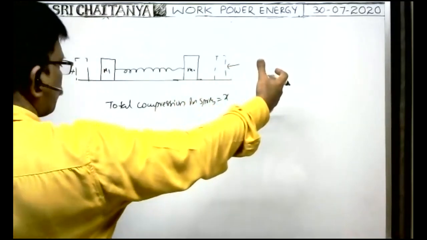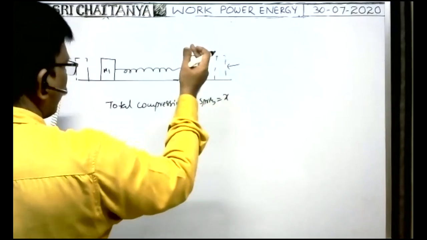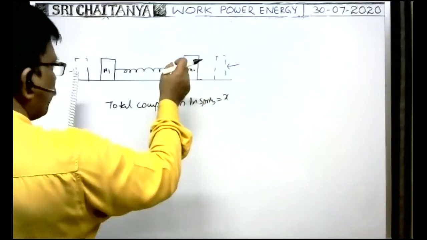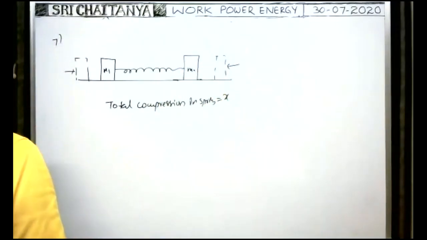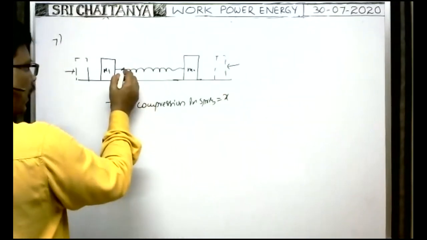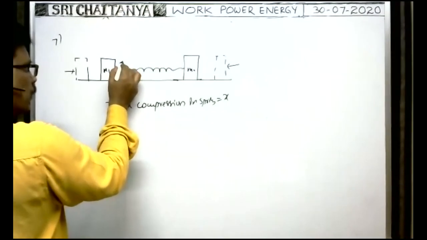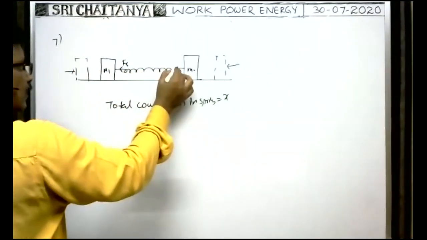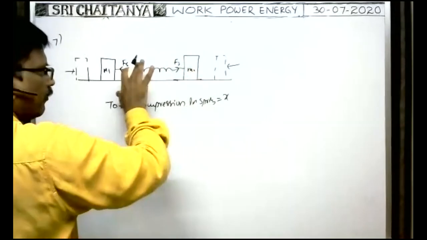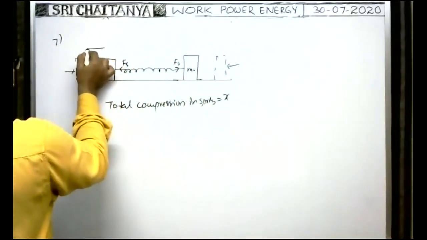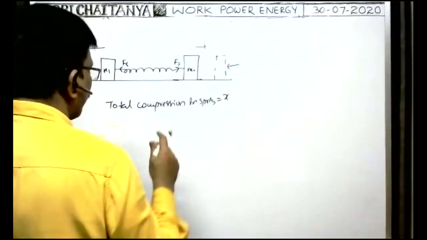If the two blocks are pushed towards each other, and whenever the compression of the spring is x, the two blocks are released. At the instant the spring is compressed, spring force is developed, and the spring force pushes the blocks away, so that the two blocks move like this.